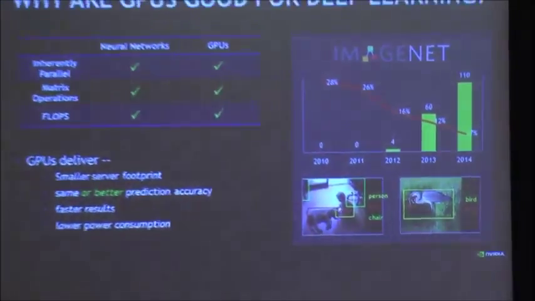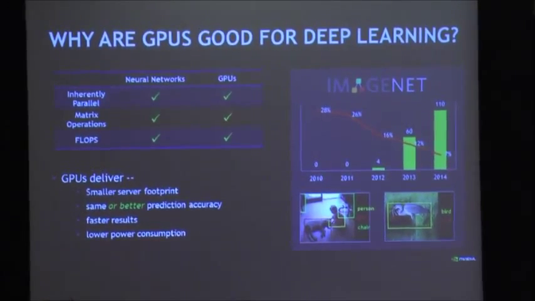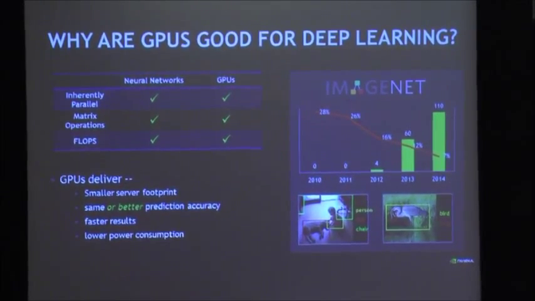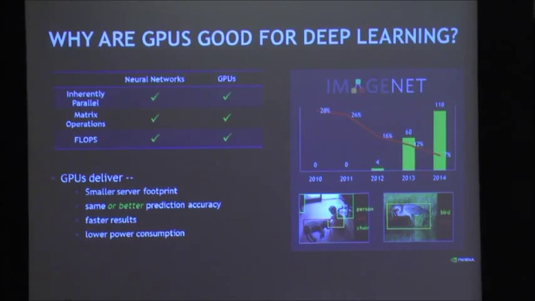It was during 2012. There is a researcher, Alex Krizhevsky, and his team at University of Toronto, who came up with a deep network, and they ported the deep networks onto GPUs to run on 2 GPUs. With just those 2 GPUs and 1.2 million images with 1 month of training, they were able to reduce the error percentage by 10%.